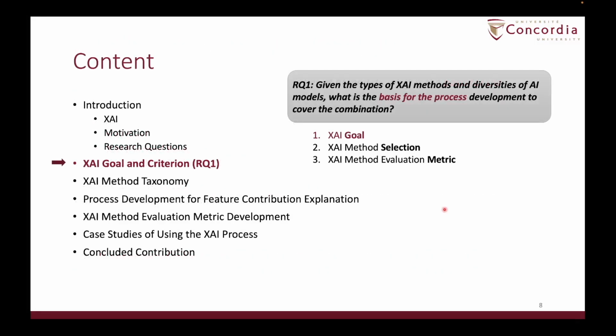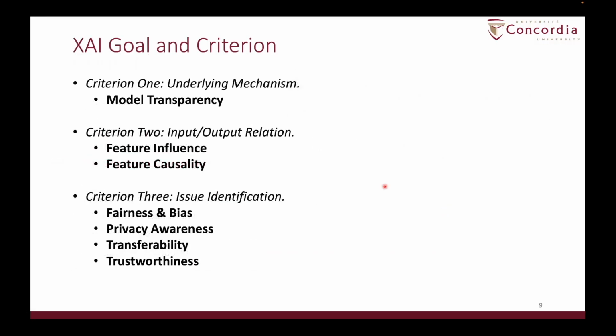We now look at the first research question for the XAI goal. We summarize the following XAI criteria and goals from the current study. The first criterion is that we study the underlying mechanism of the model. It matches the goal of model transparency.